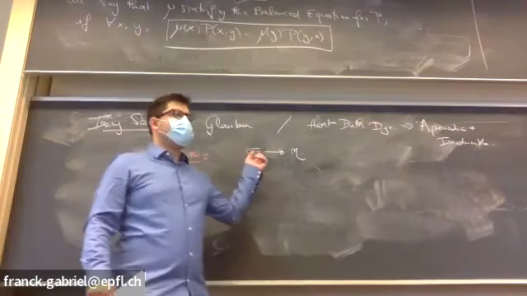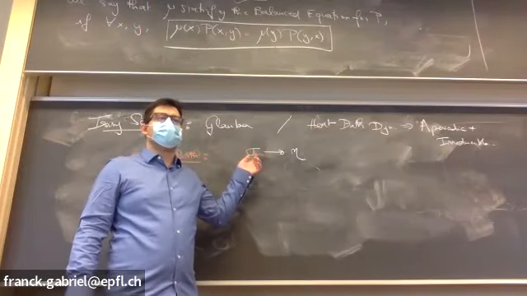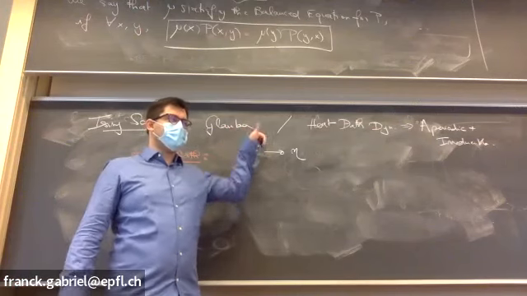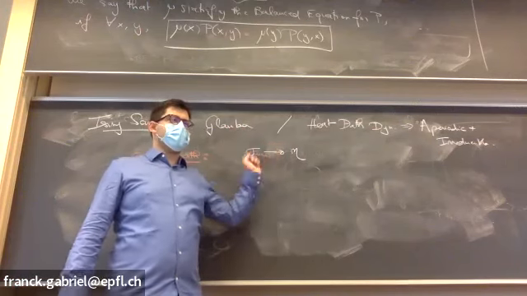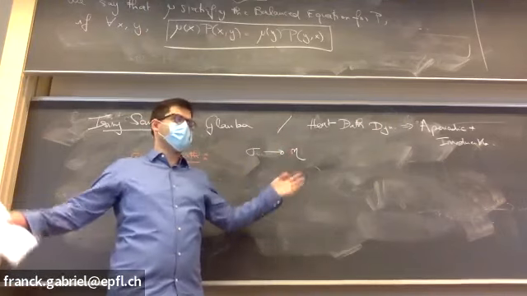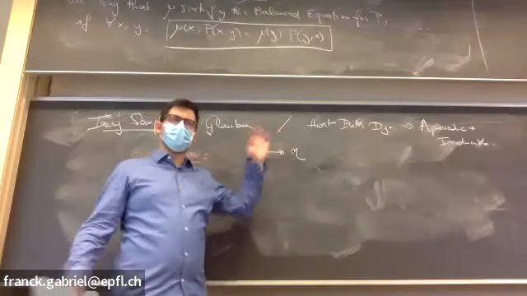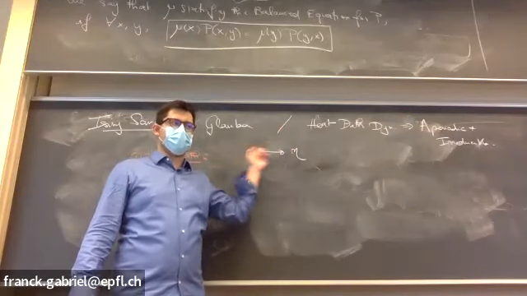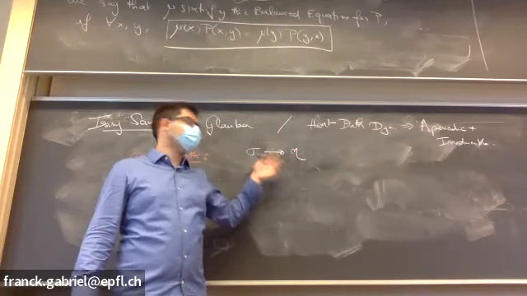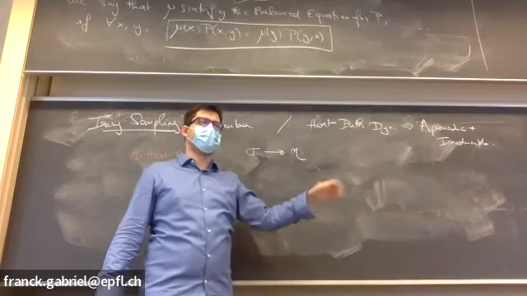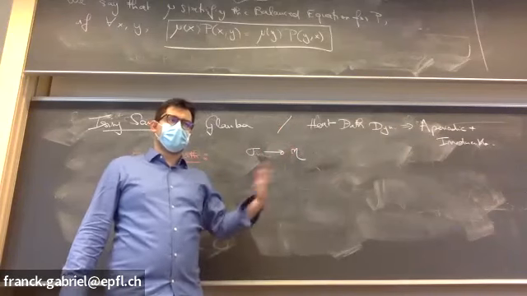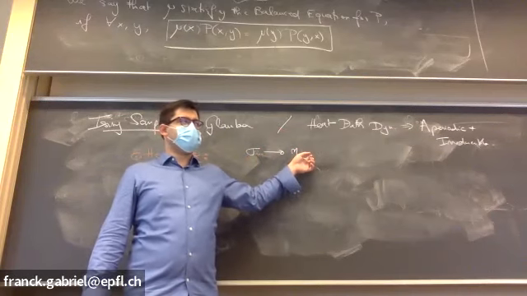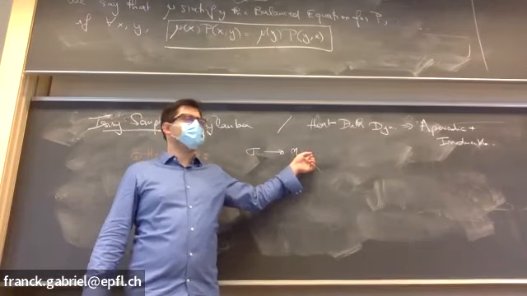Well, at each step, I can just randomly select the first spin. There is a probability that I flip it, and then I take the second spin, I flip it or not, depending on if the two have the same spin at this point. Then I take the third vertex. So you see I can go from sigma to eta.